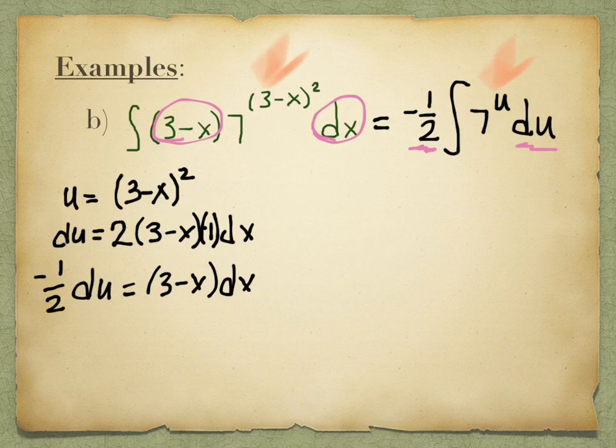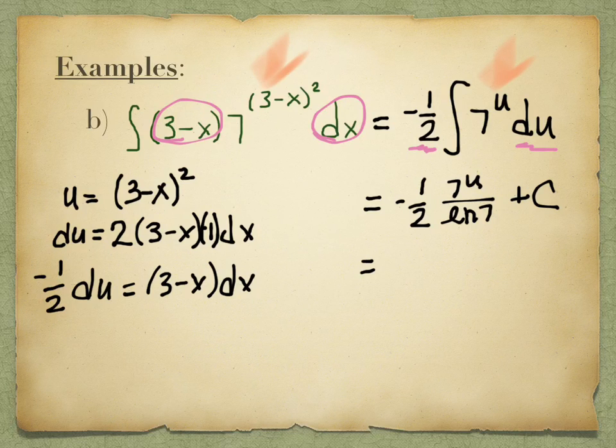But then it turns into one of the rules. I mean, it is the rule that I've just dealt with. So I've got a negative 1/2. What's the antiderivative of 7 to the u? Over ln 7. Right. Plus c. Good. And once I substitute this back in, I'll put the negative in front.